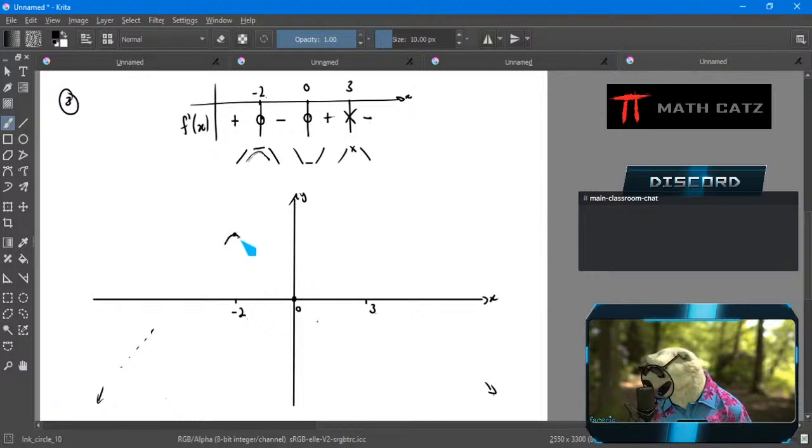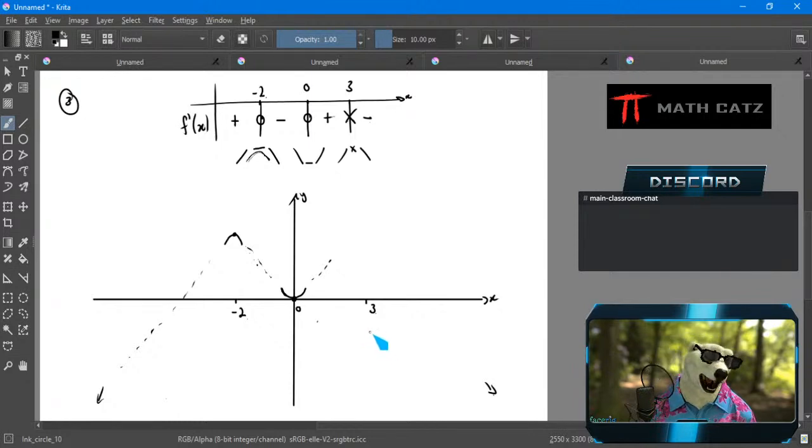So I'm going to have a little crest there, going up towards it, then down towards my next critical point at 0, and there it's going to be a little cup. So that's okay. Then I'm going to go increasing towards my next critical point at x equal to 3.